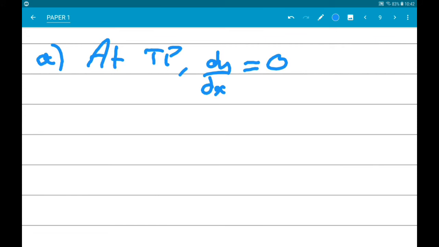So we're going to need to use the product rule. So first term we are going to differentiate e to the minus 0.25x and not sin x.